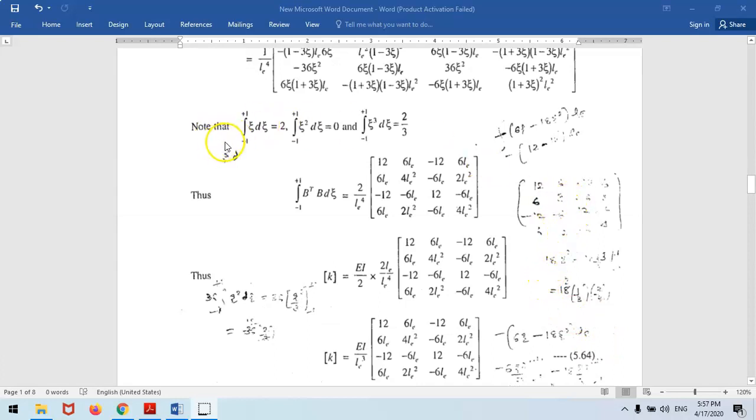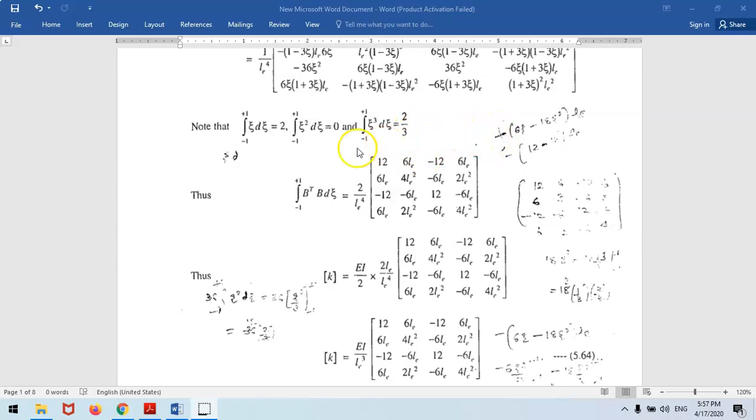There are some terms where there is a zeta value here, that is why the limits will be from -1 to +1. So zeta d zeta, where the limits are -1 to +1, will be 2. So these are some values which will be substituted directly, and if you want you can find out, the values will be this much only. If you go for zeta cube integration and substitute limits from -1 to +1, it will be 2 by 3.